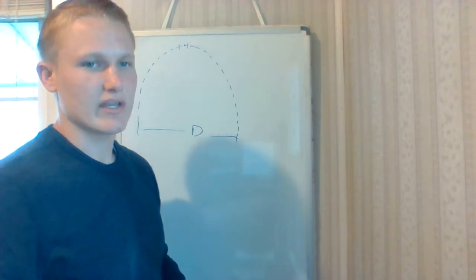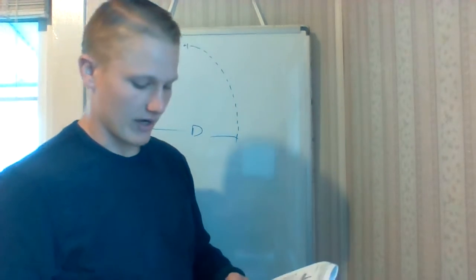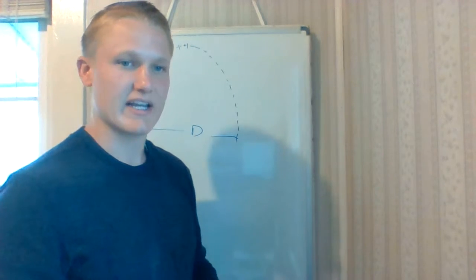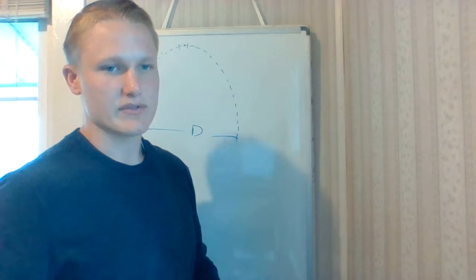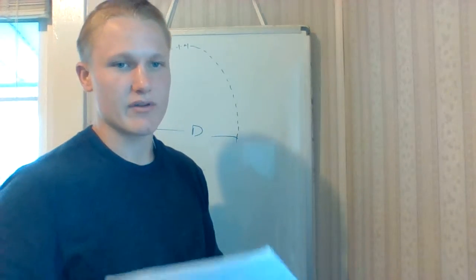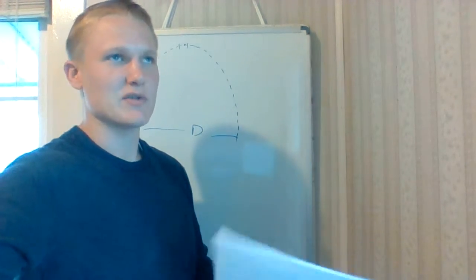So to start, we can set our 860 joules of chemical energy equal to our kinetic energy equation. So that would be 860 equals 1/2 m1 v1 squared plus 1/2 m2 v2 squared.